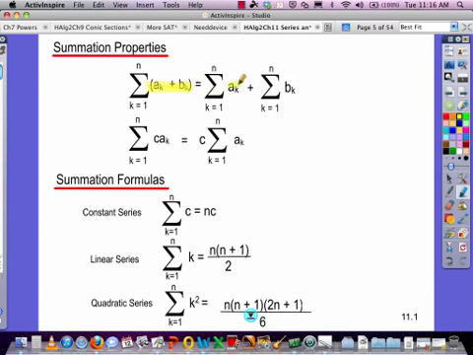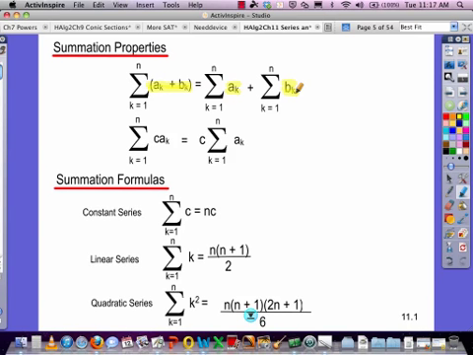So notice this is the a sub k, and this is the b sub k. So we could do the series, the summation notation on each of them separately, add those numbers together, and we would get the same as if we had taken the sum all together. Next one is, what if I have a constant? C is our constant, and I'm multiplying it by some values, and I'm doing that for k equal 1 to n.